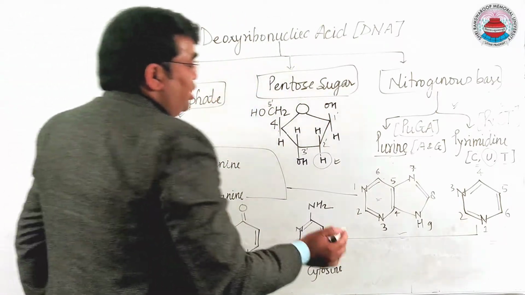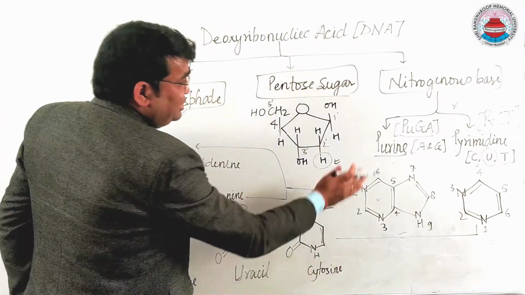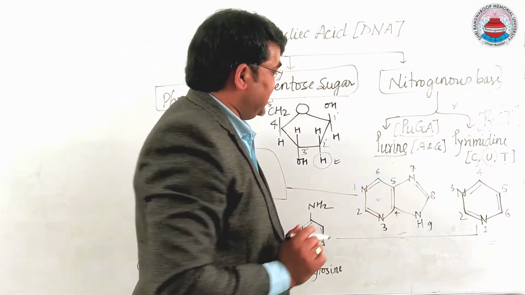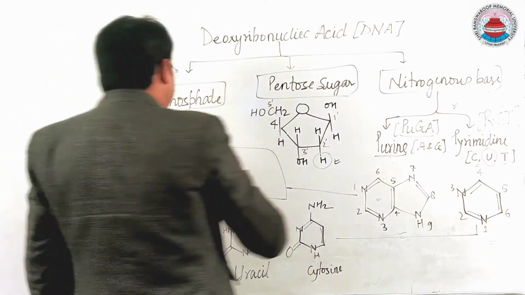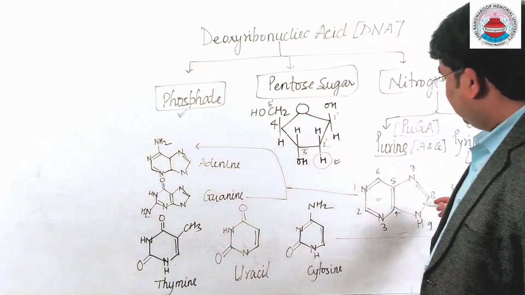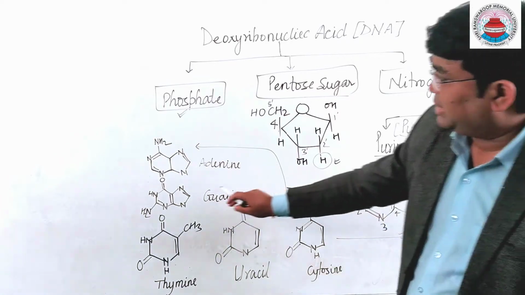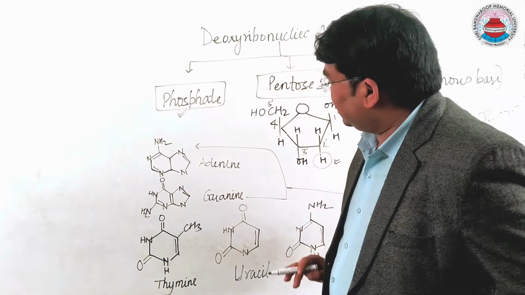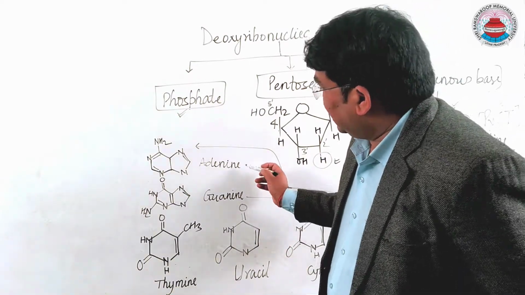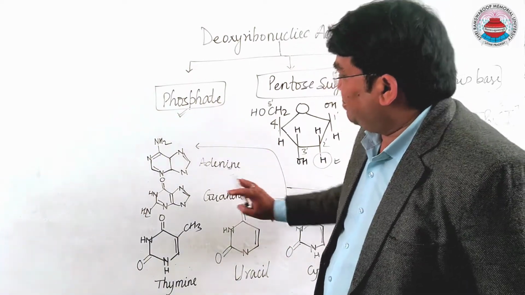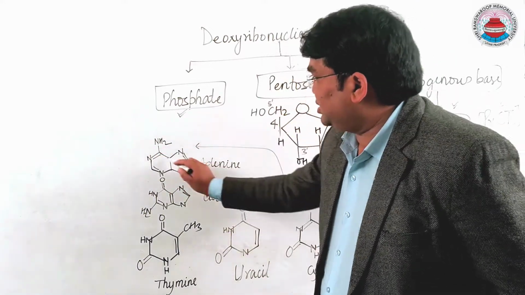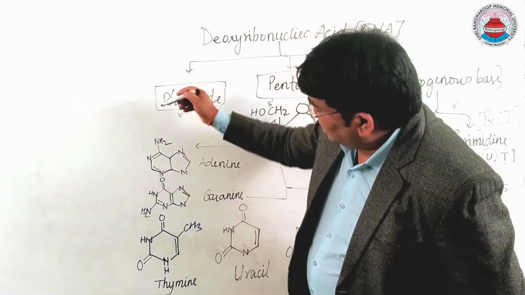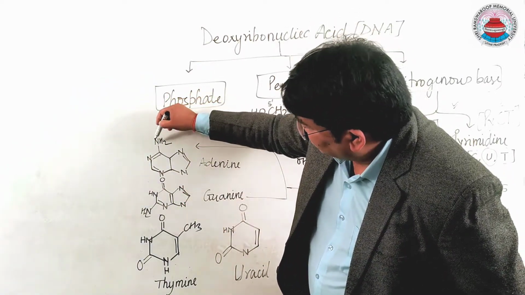Okay, so now coming to the structure of each and every purine and pyrimidine nitrogenous base. You can see here the purine nitrogenous base, which is a double ring compound. As I told you, this is the basic skeleton of purine, and there is a modification.